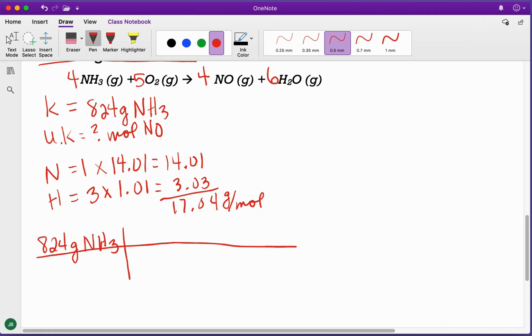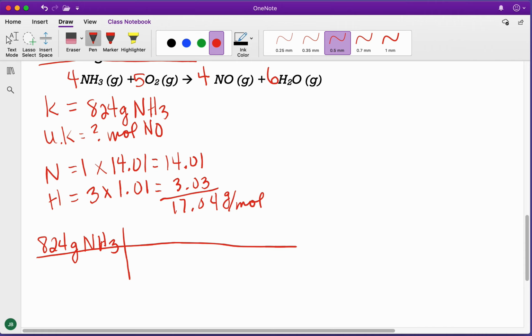It's so important that you always get your grams into moles, or if your unknown is in grams, you can take your moles and convert those into grams. But the moles are the important things. The moles are the bridge from one compound in the reaction to another compound in the reaction.